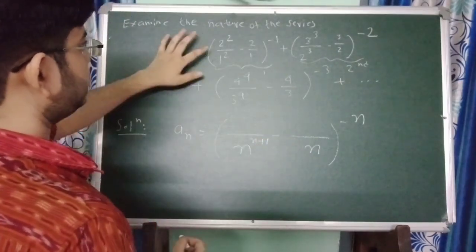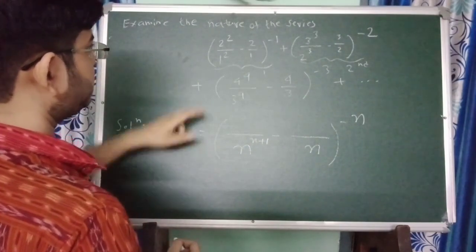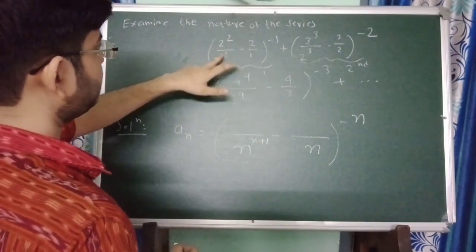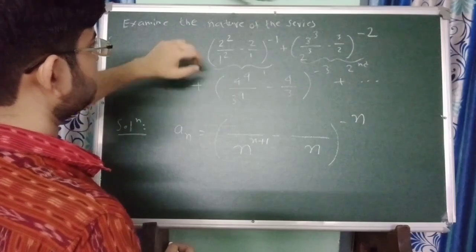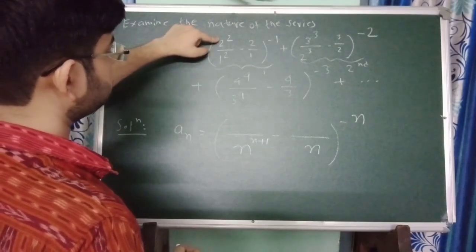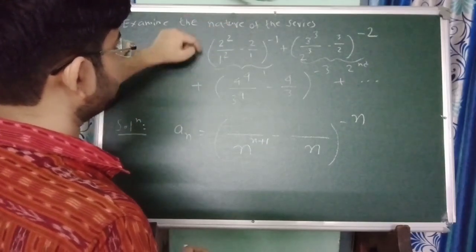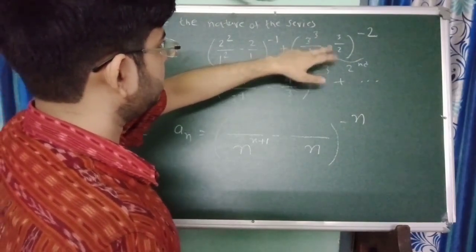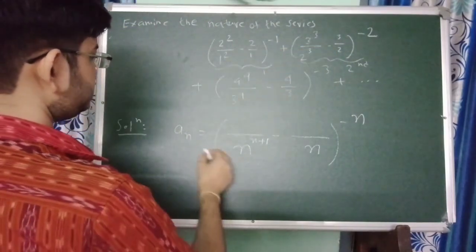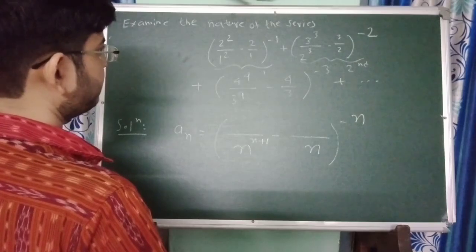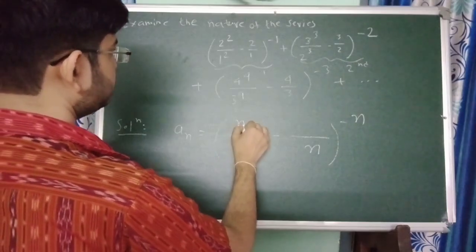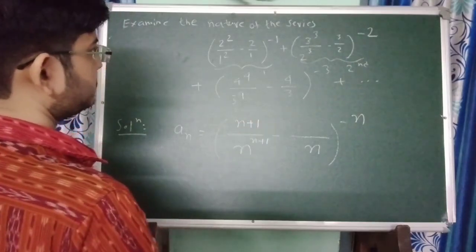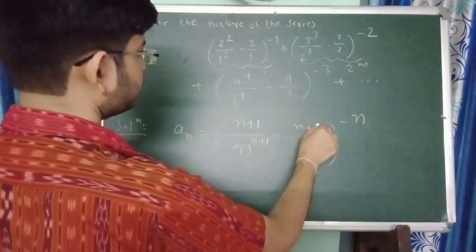And the numerator part is just one more than the number of the term. In the first term this is 2, second term 3, just one more. So in case of the nth term, the numerator part is n plus 1.